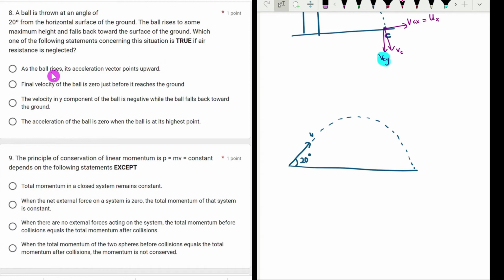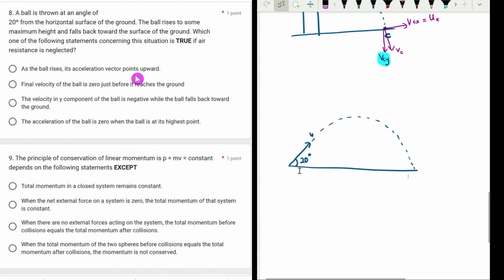Okay, so the first one, as the ball rises, its acceleration vector points upward. Maknanya dia punya acceleration, bukan dia punya Vy. Dia kata acceleration vector dia points upward. So betul ke? No, salah. Acceleration vector is always directed downward.